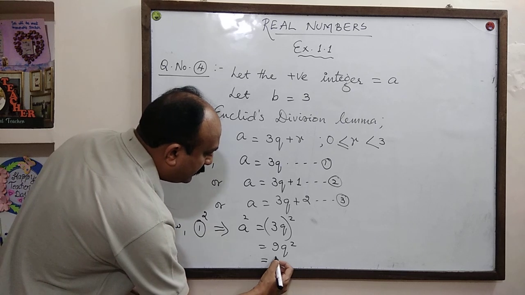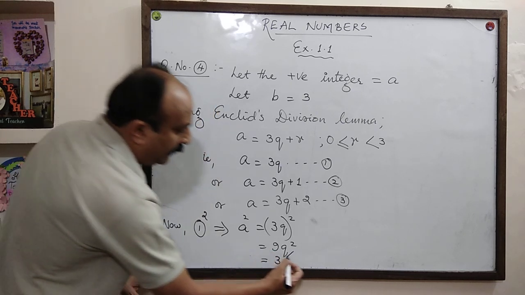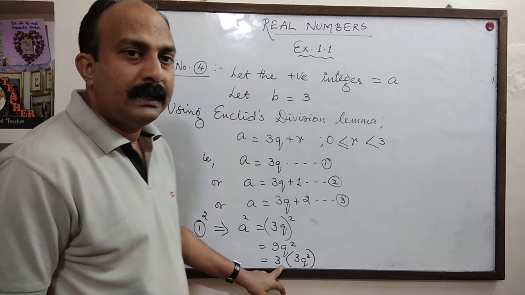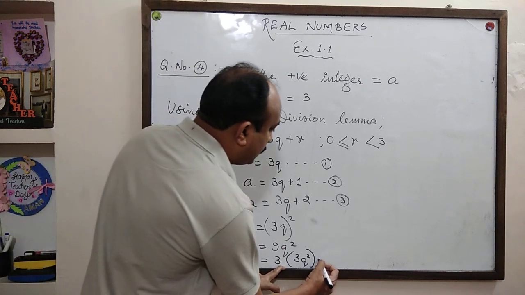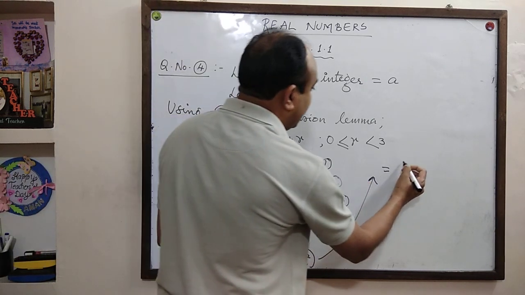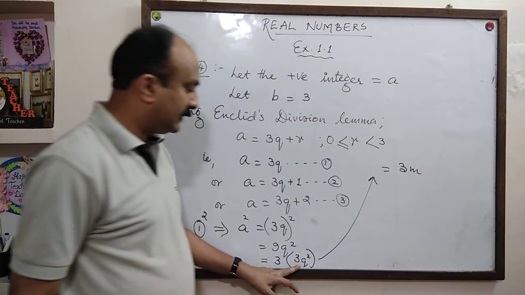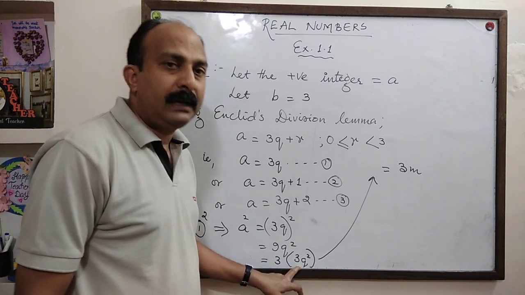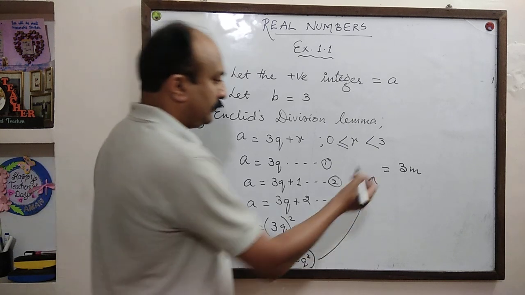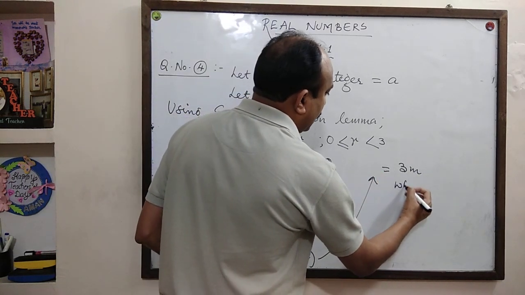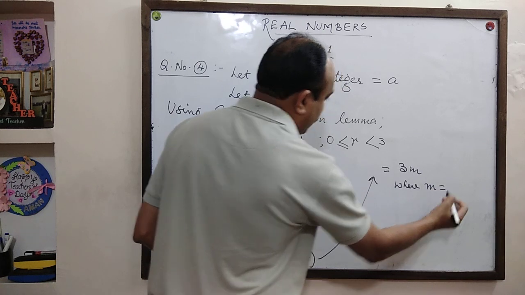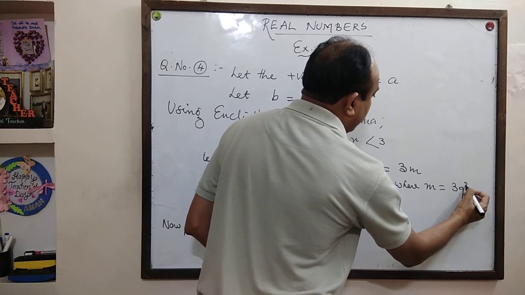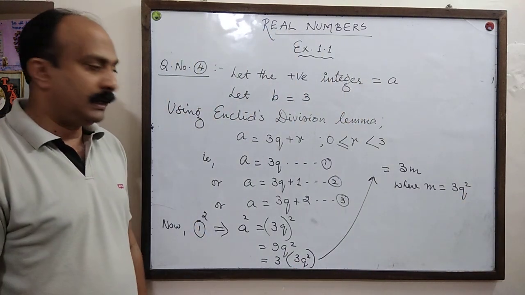So I am taking 3 common. After taking 3 common, what will be left inside? 3q square inside. This 3 into 3q square can be written as what? 3m. Now what is m? After 3, whatever is left in the bracket, that will become m. So this can be written as 3m, where m is equal to the bracket that we got, that is 3q square. I hope you understood it.